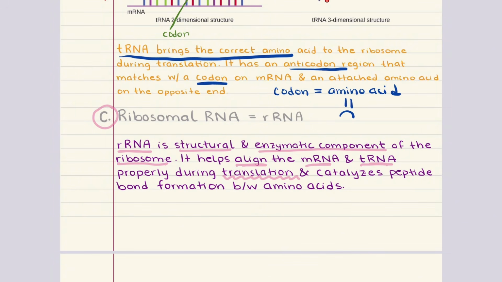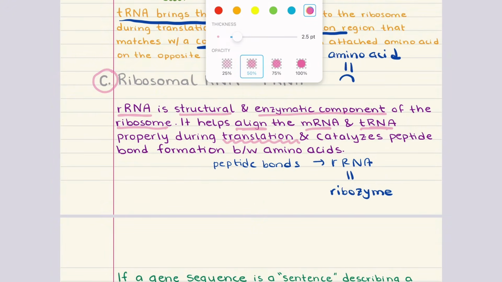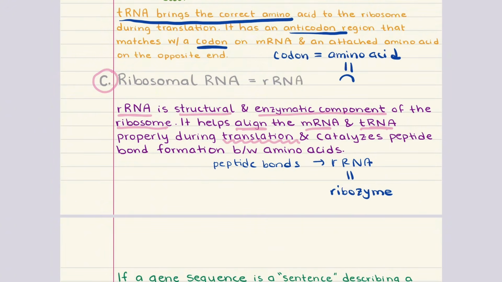In fact, the ribosome's active site, which is the part that forms peptide bonds between amino acids, is catalyzed by the rRNA itself. Because of this, ribosomal RNA is classified as a ribozyme, which is an RNA molecule that acts like an enzyme. That was a major discovery in molecular biology because it showed that RNA isn't just a passive messenger, but it can have catalytic functions too.